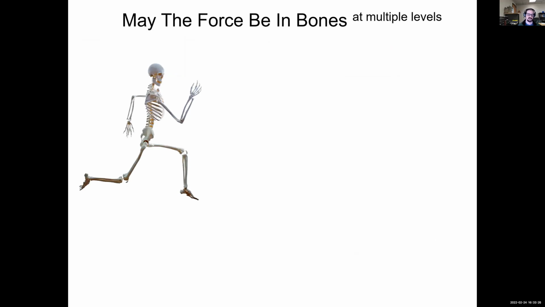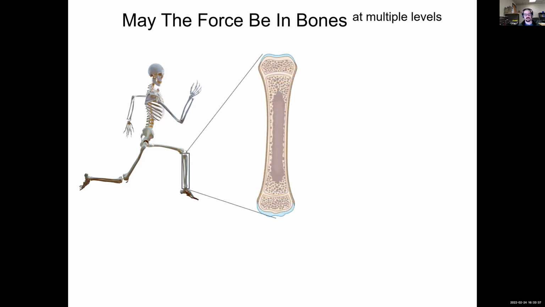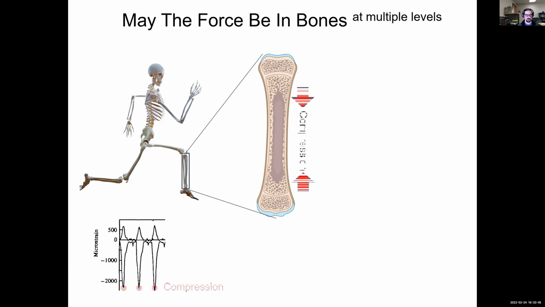We try to understand what the forces inside the bone are as the cells feel them. For example, here's a tibia, although it's a picture of a femur. If you're running, you'll get some compressional forces as your foot hits the ground. And if you lift your foot, there will be some spring back and tension.